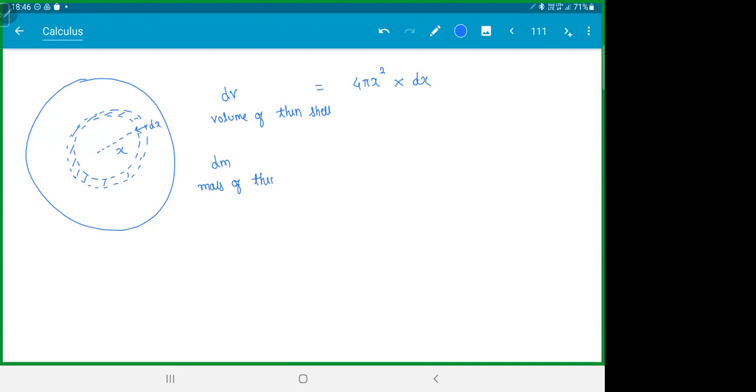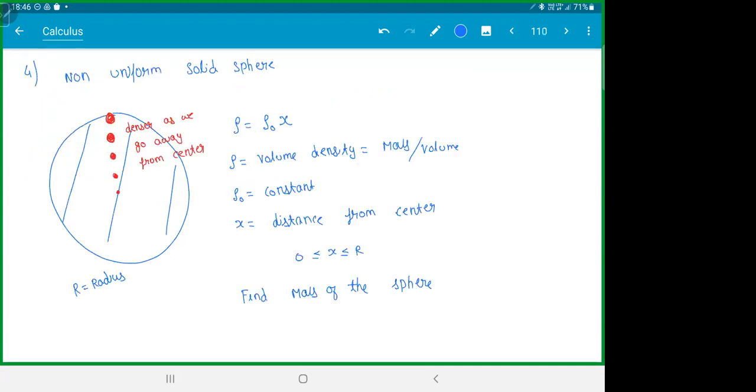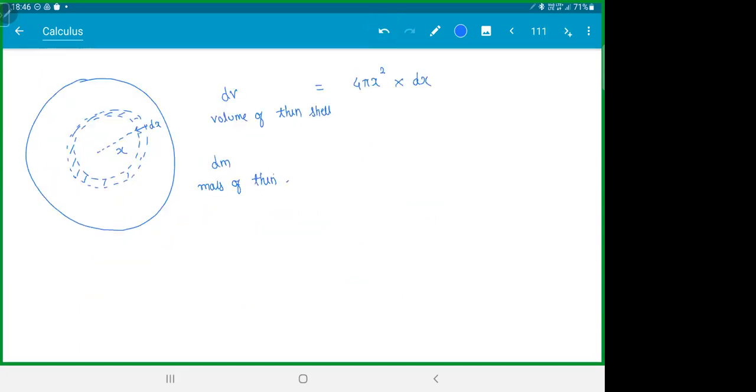What is the mass? Density. Rho is mass per volume, so mass will be density into volume. But what is density? Rho naught into x. What is volume? 4 pi x square into dx. So 4 pi rho naught x cube dx.